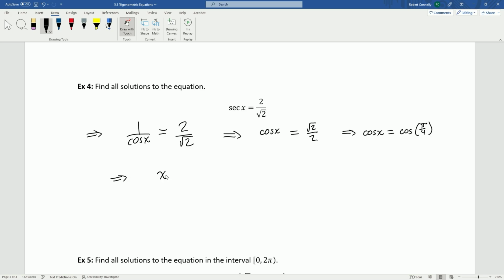That gives me two sets of solutions here. X equals pi over 4 plus any multiple of 2 pi. And x equals 2 pi minus pi over 4 plus any multiple of 2 pi.